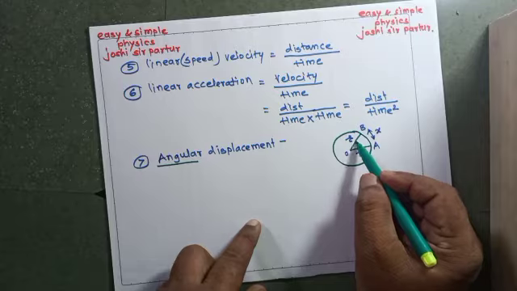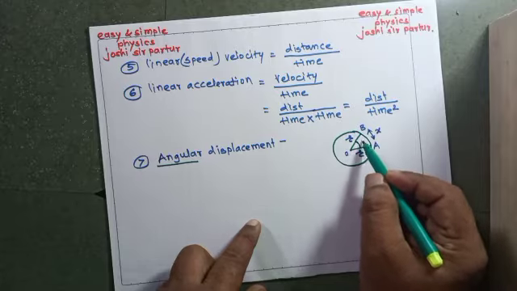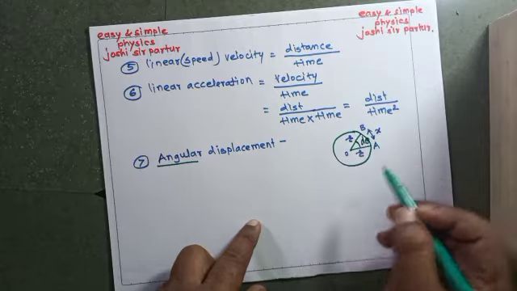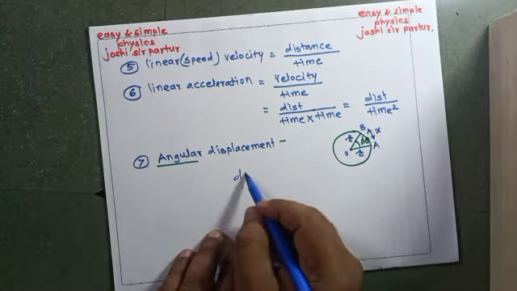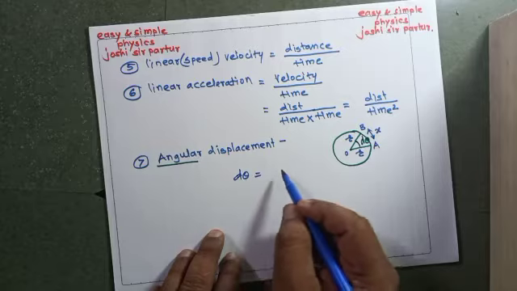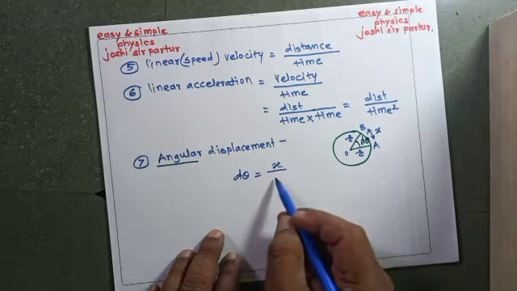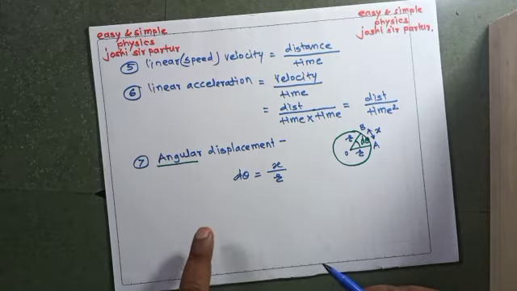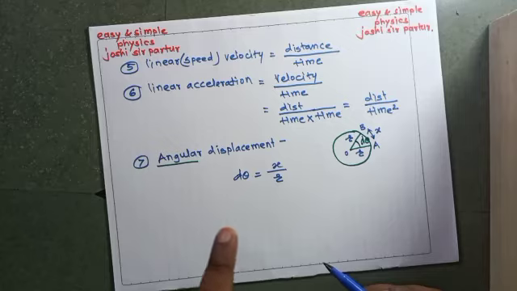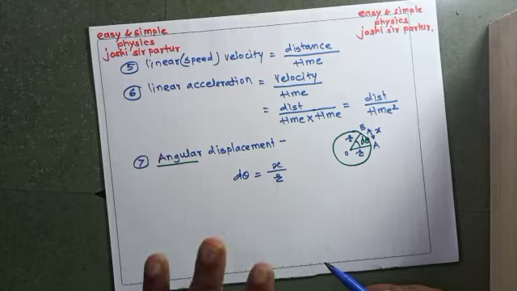The angle made by the two radius vectors is called angular displacement, that is theta or d theta. It will be x upon r. So the angle made with the radius is called angular displacement.